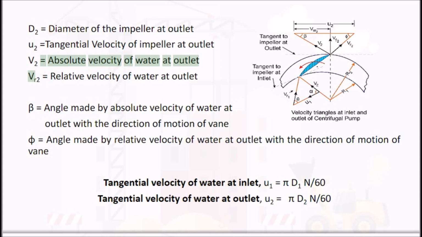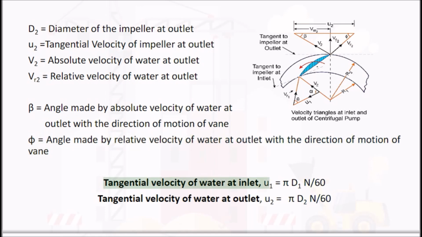VR2 equals relative velocity of water at outlet. Beta equals angle made by absolute velocity of water at outlet with the direction of motion of vane. Phi equals angle made by relative velocity of water at outlet with the direction of motion of vane.